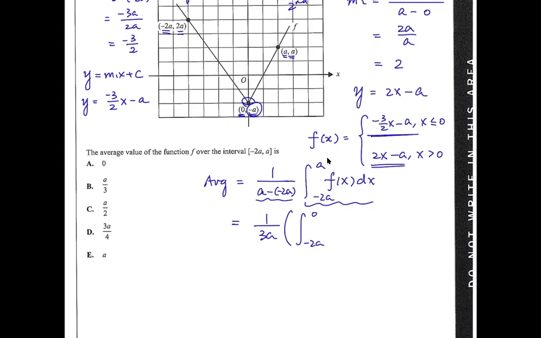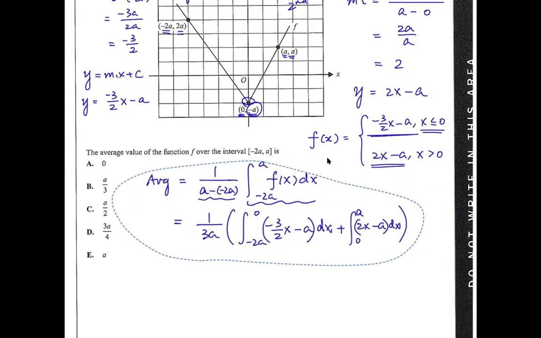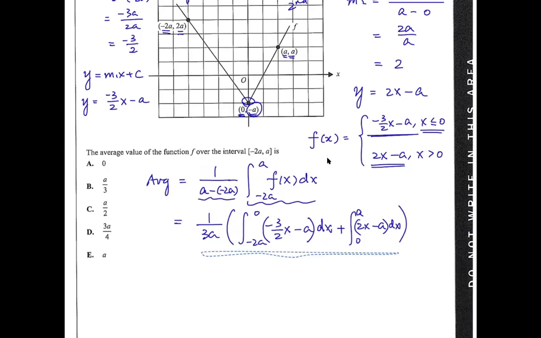You are using the first bit, minus 3 over 2 x minus a dx, plus 0 to a, 2x minus a dx, bracket. So the next thing is using your CAS calculator and evaluating this whole expression.